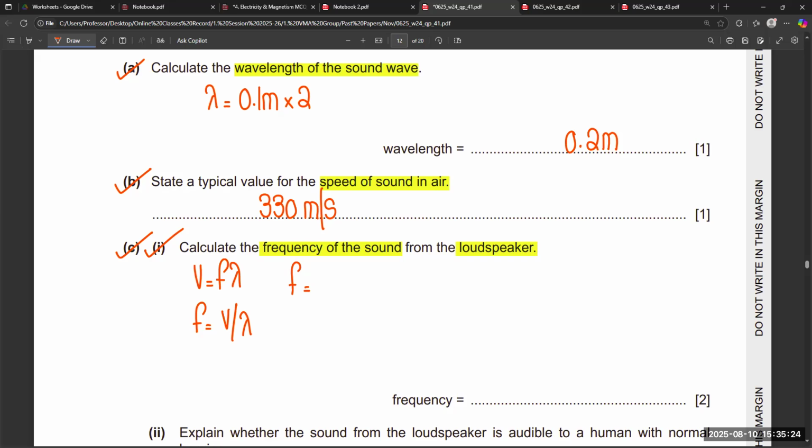So we use this speed 330, because it depends upon the value that we used in the previous part, divided by the wavelength given, 0.2. 330 divided by 0.2 is 1650, or you can also round it off to 1600.